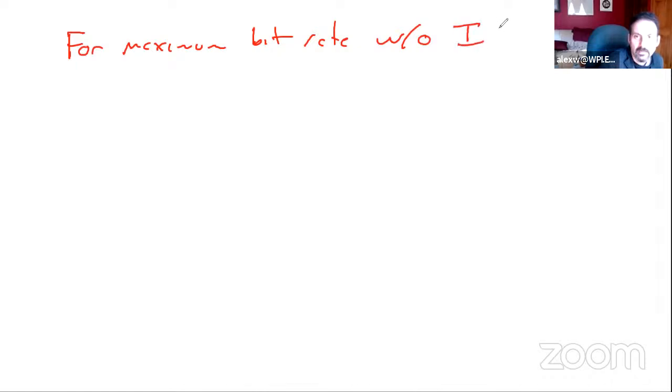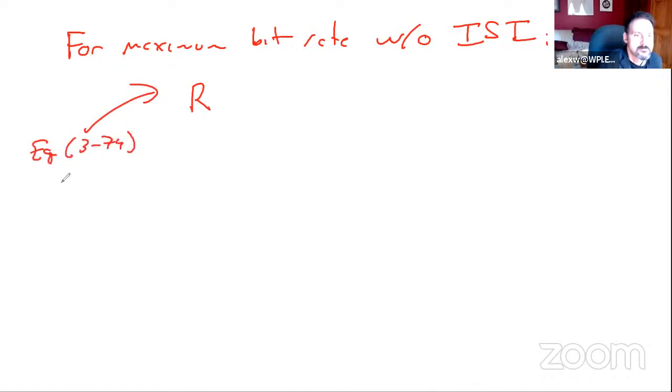So for maximum bit rate without ISI, what we need is this expression. So in the book, this is equation 3-74. And there we define this, like it's D. D is the symbol rate.